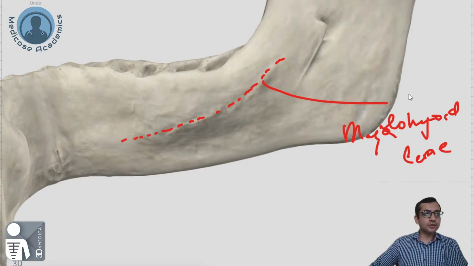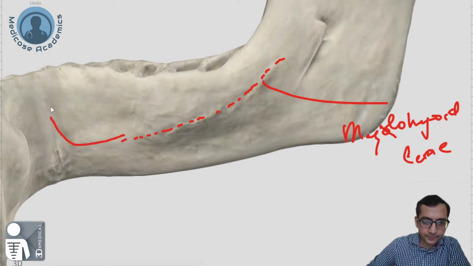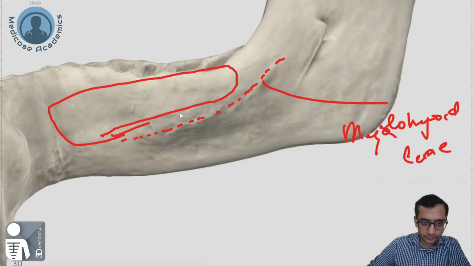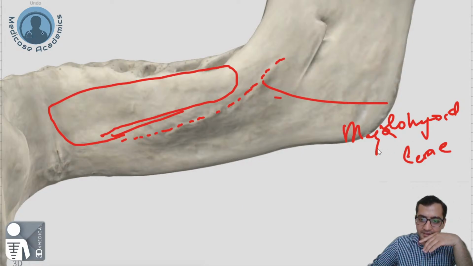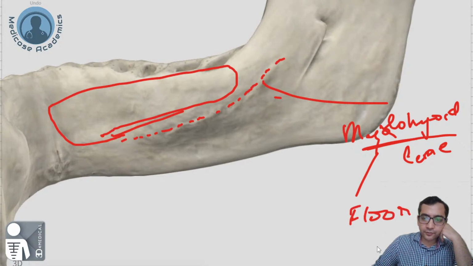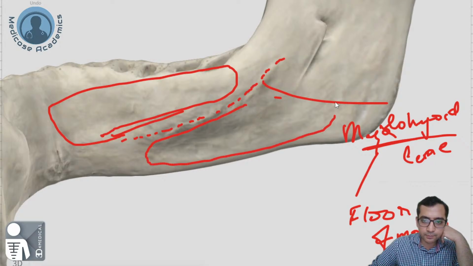This line is very important because the area on top of it is making the floor. On top of it there is the tongue, so this area is below the tongue. The mylohyoid muscle is making the floor of the mouth. So this fossa is above the floor of the mouth, below the tongue.